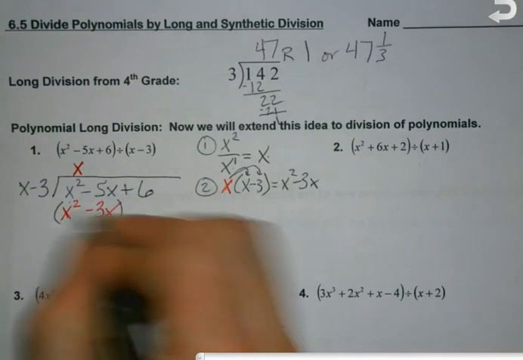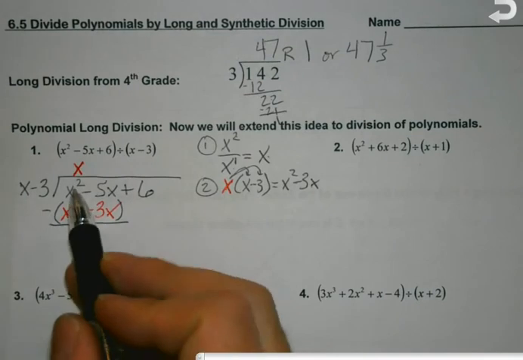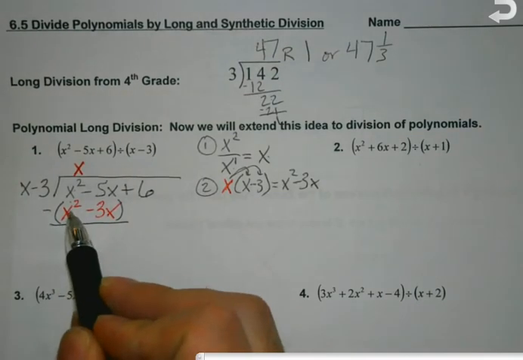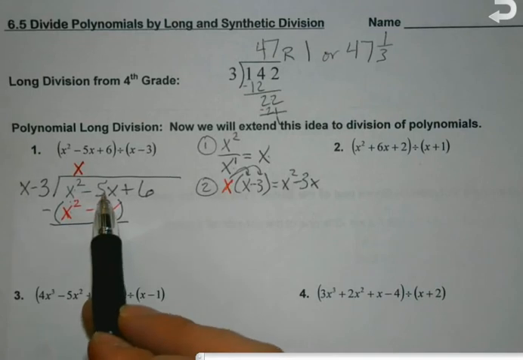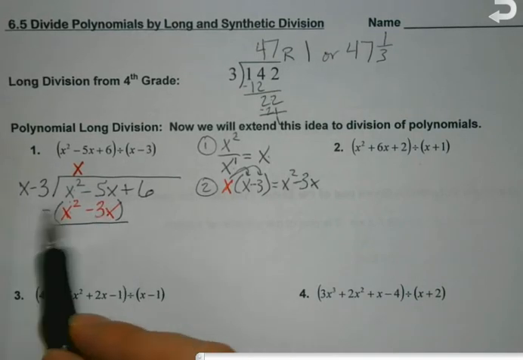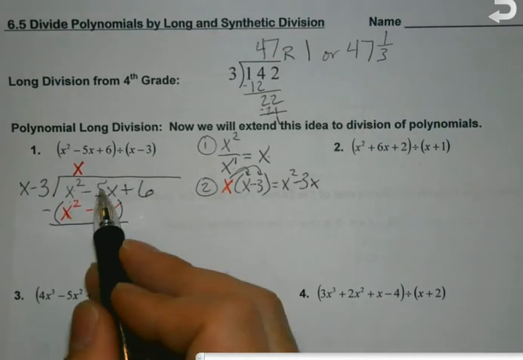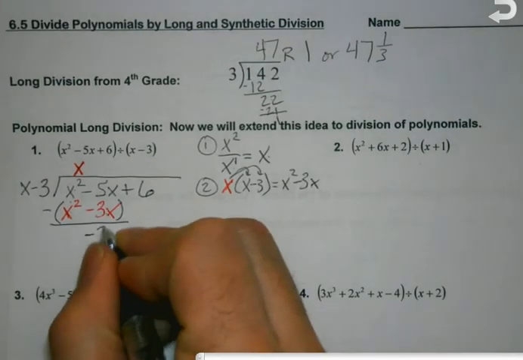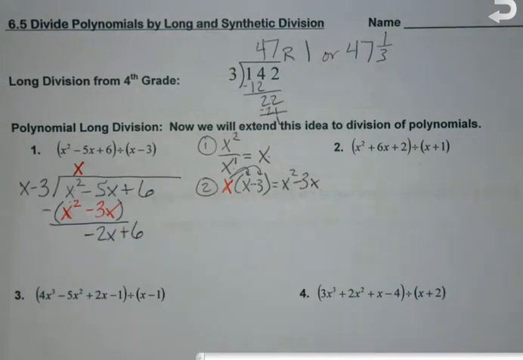I'm going to do the same thing here. So when I do that, x squared minus x squared goes away. Be careful with your signs, though. Negative 5x minus a negative 3x, what happens when I minus a negative? It becomes plus. So this is really negative 5 plus 3. And then any terms I have left get brought down. So the 6 is going to be brought down.